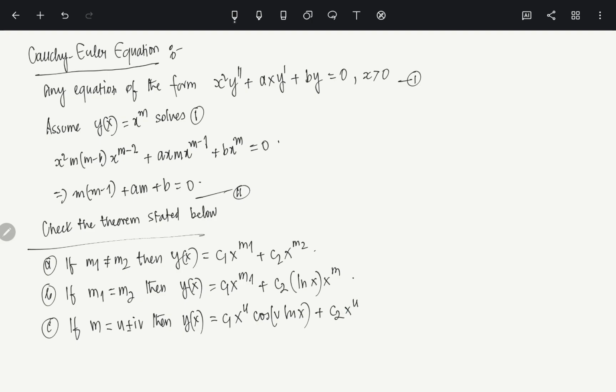So in both cases x power u is there. Clear? So you have to check this part.